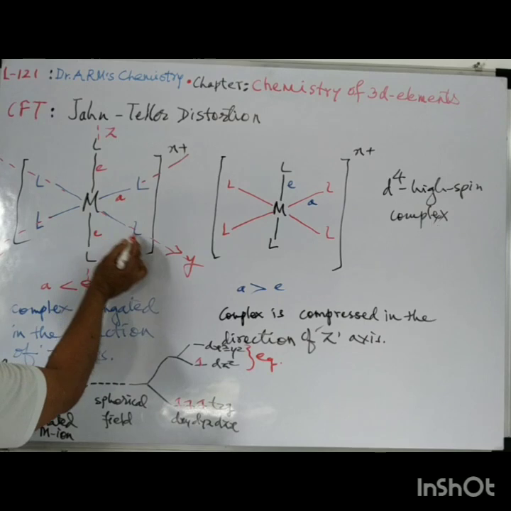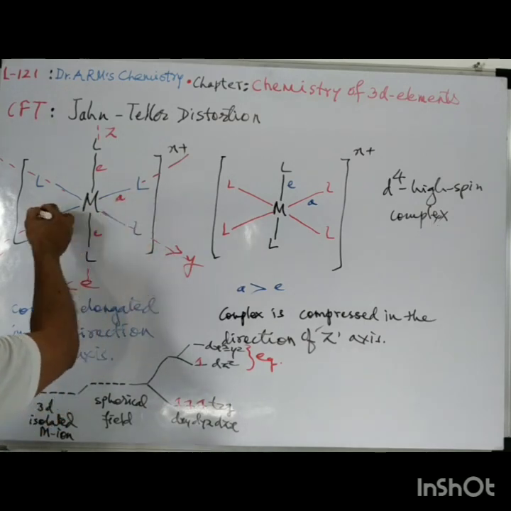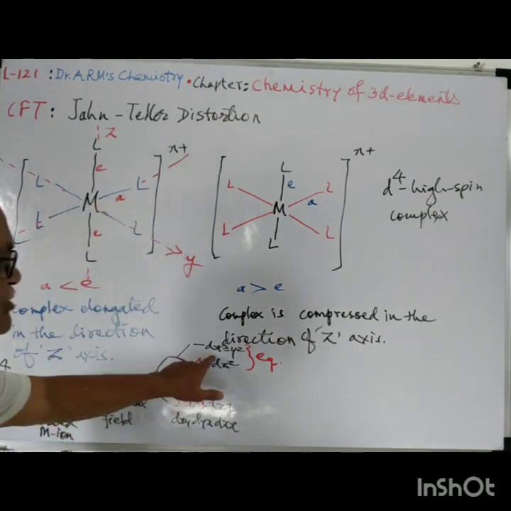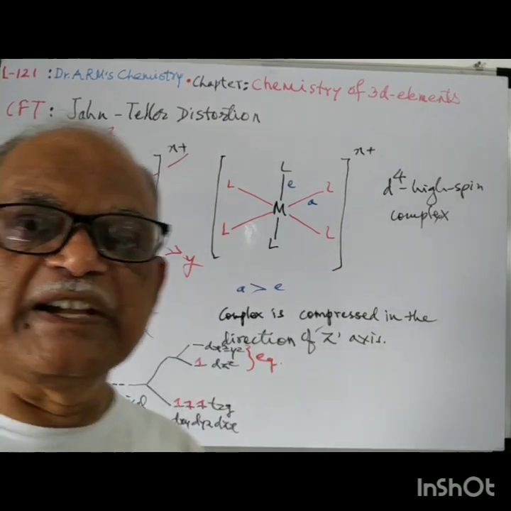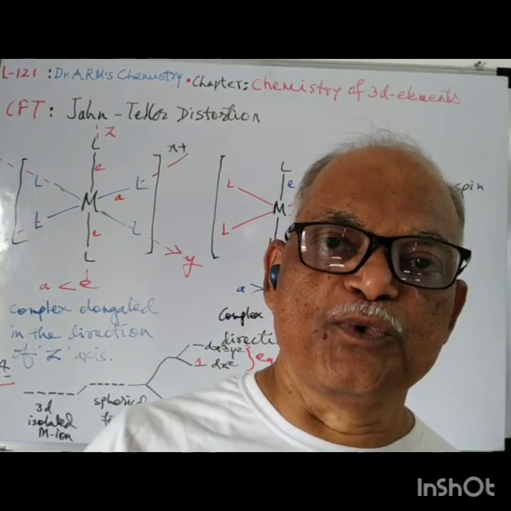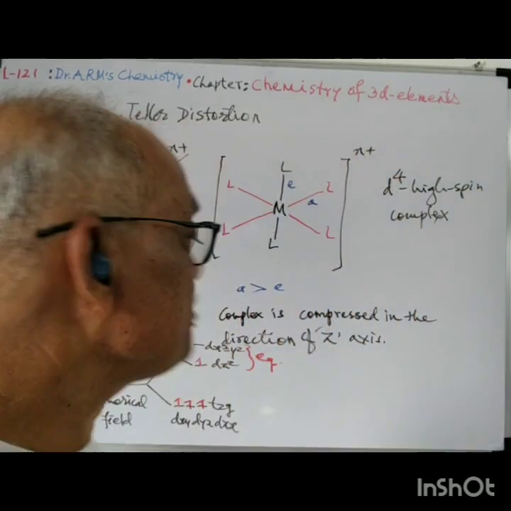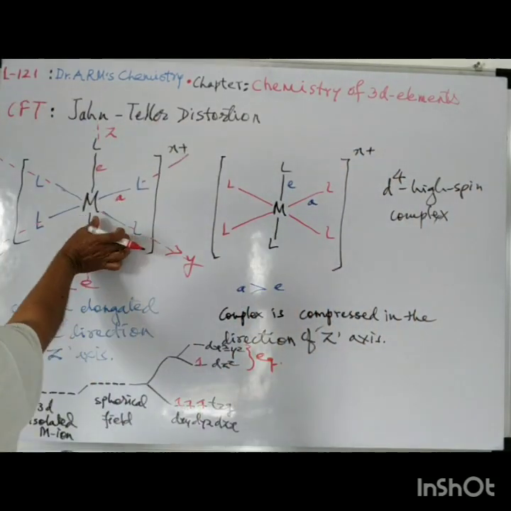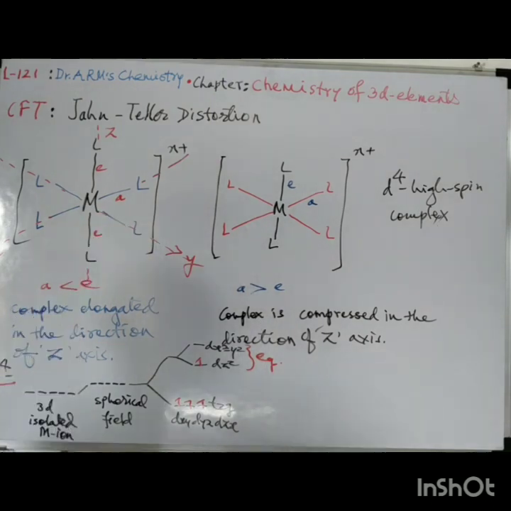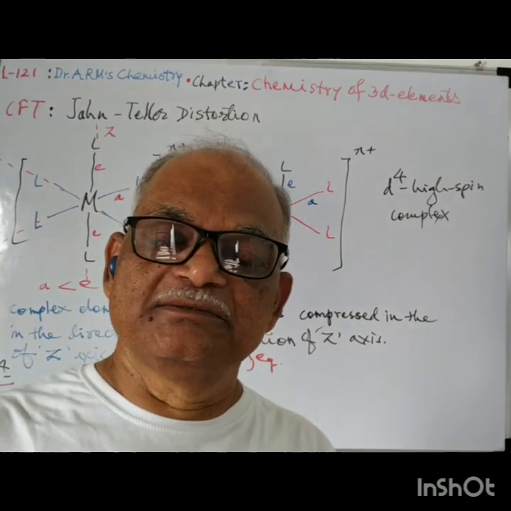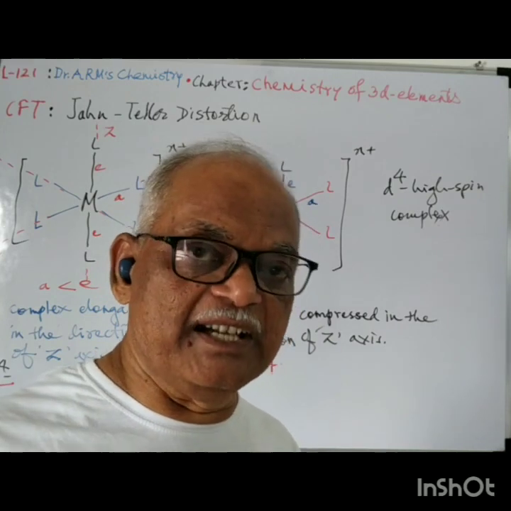So the d orbitals lying in the direction of the x and y axis, that is dx2 minus y2, will not face any repulsive force with the ligand electrons. As a result of this, the ligands are lying relatively much closer to the metal ion.